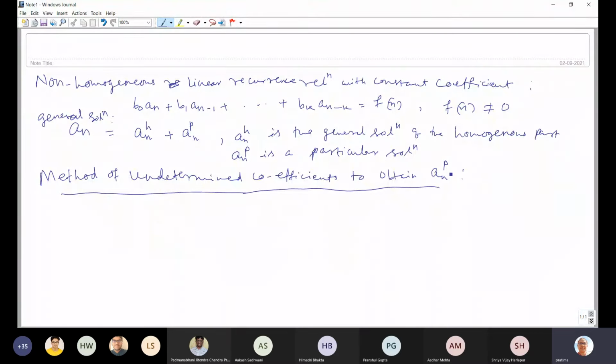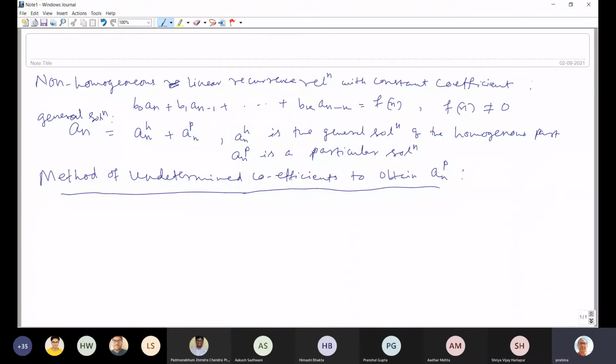Those constants are determined by substituting the assumed particular solution into the given recurrence relation.